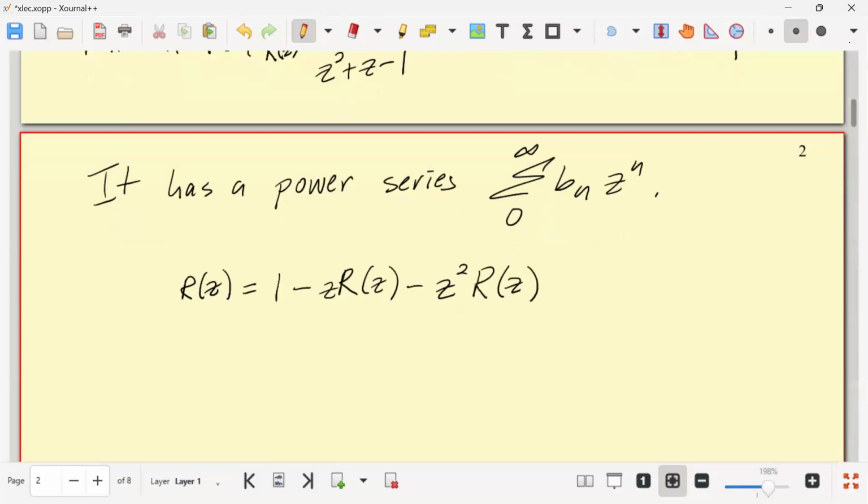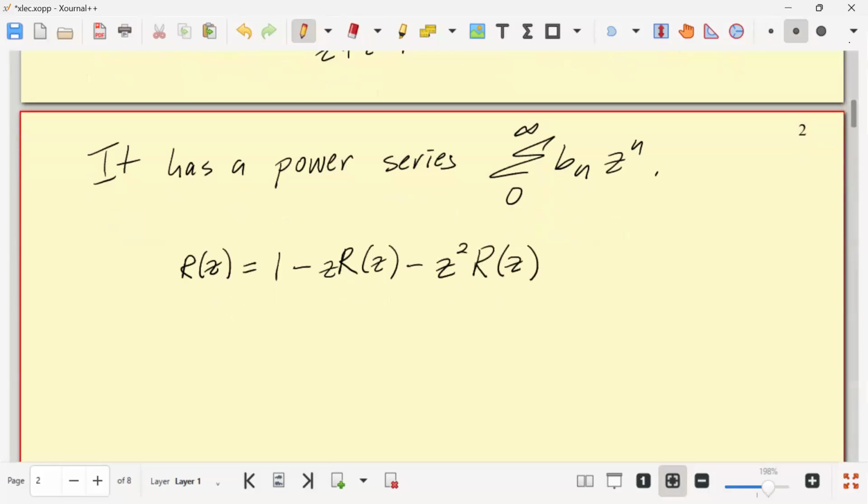And before we were looking at this as a consequence of the recursion formula. Now when we look at it, the aha moment is that the coefficients of R satisfy the recursion formula for the Fibonacci numbers.